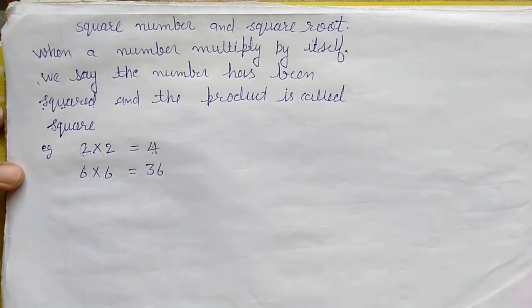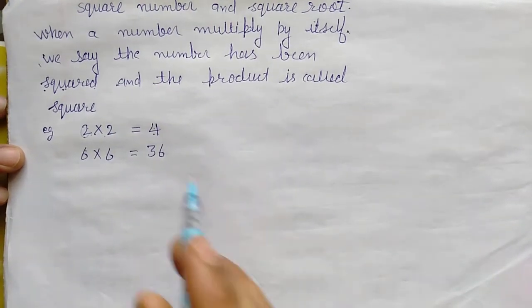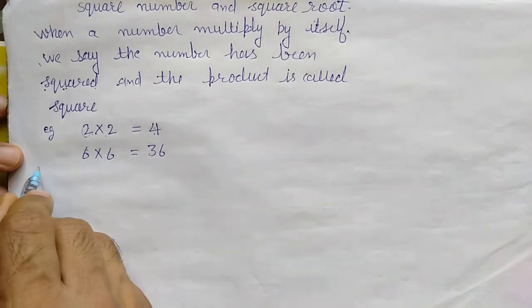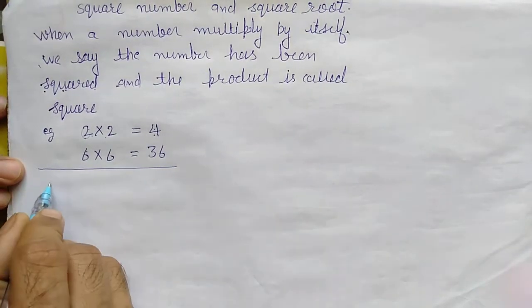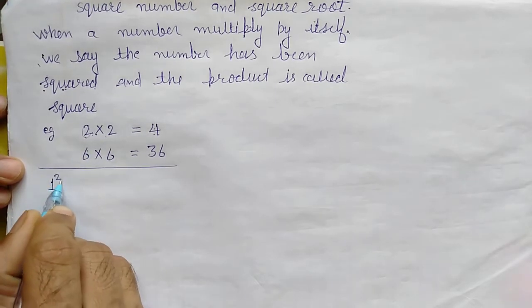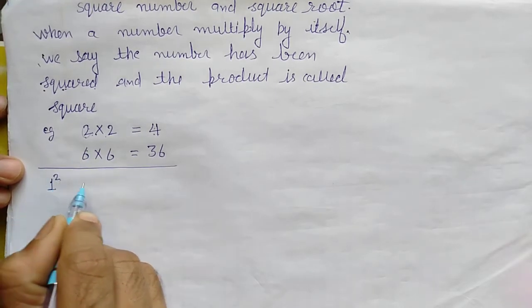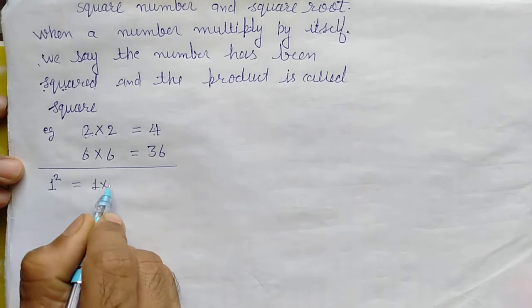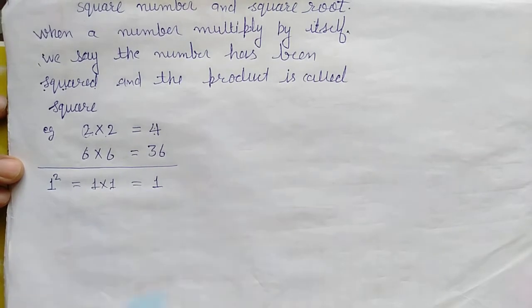Now I'm just going to write some numbers and their squares in sequence. First number is 1. 1 squared, power 2, will be equal to 1 multiplied by 1 is equal to 1.